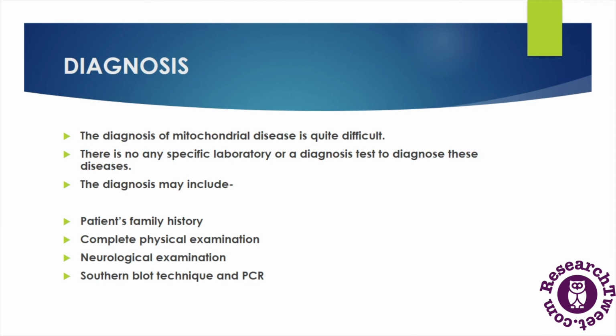A complete physical examination can be done to check the symptoms of mitochondrial diseases, along with neurological examinations. Some Southern blotting techniques and polymerase chain reaction are done to find the mutations in the DNA of the patient.